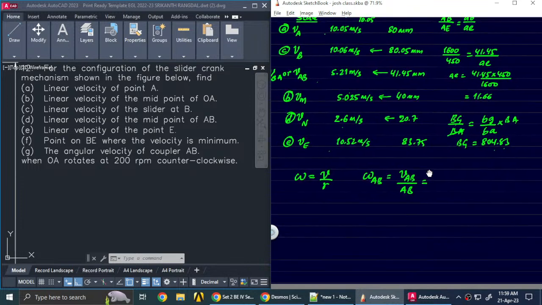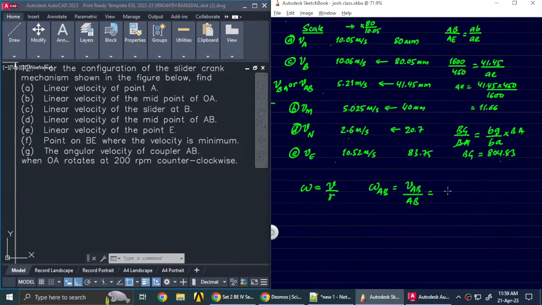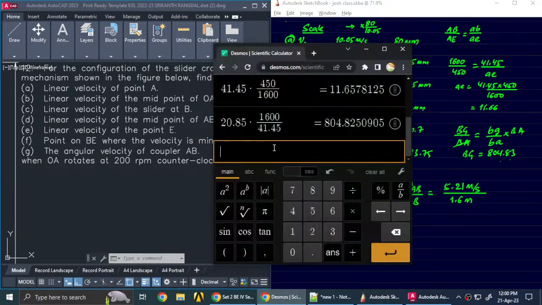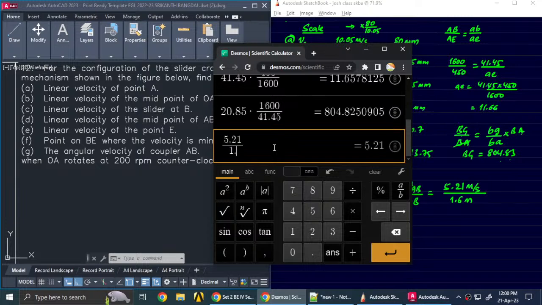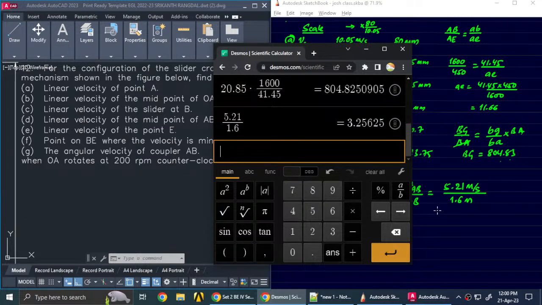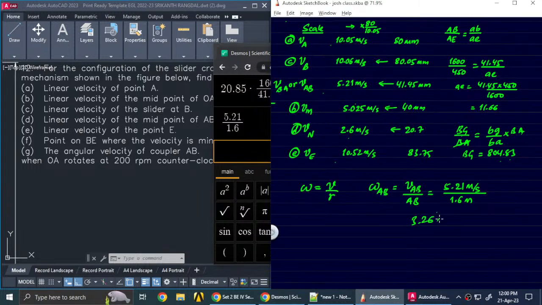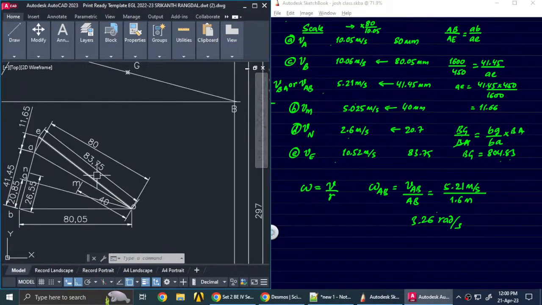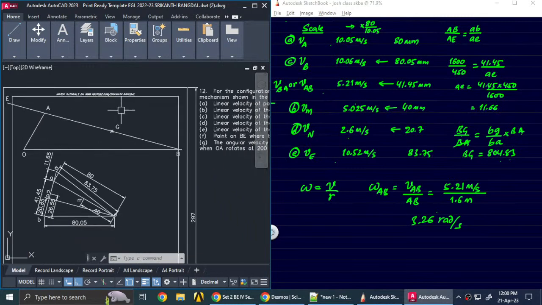Velocity of A with respect to B we know is 5.21 meters per second, divided by the length AB, which we know is 1.6 meters. That will give us the angular velocity. 5.21 divided by 1.6, so 3.26 radians per second. That's the angular velocity of the link AB.